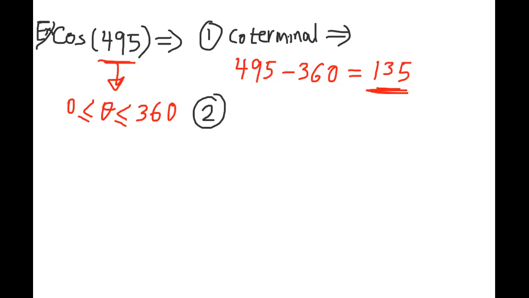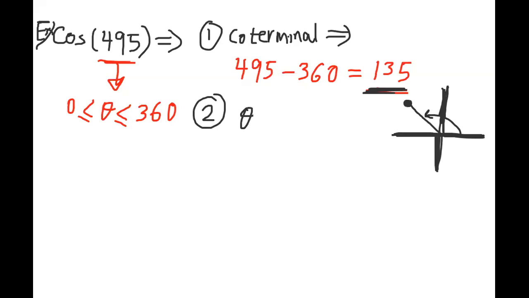So we're adding one more step, finding the coterminal. Second step, we have to graph to know in which quadrant the angle is. So 135 looks like it is in the second quadrant. Why? Because I know this is 0, 90, 180, 270, 360. So 135 is in the second quadrant. What's the reference angle for the second quadrant? It's 45 exactly.